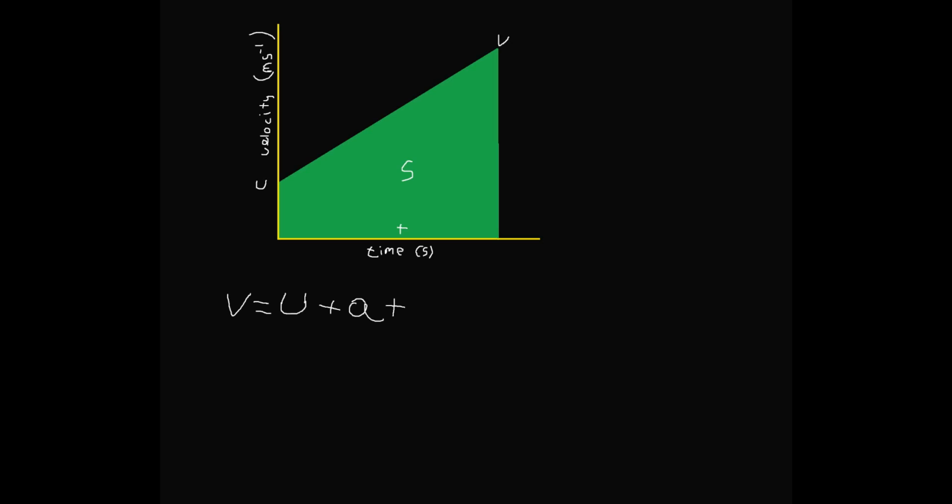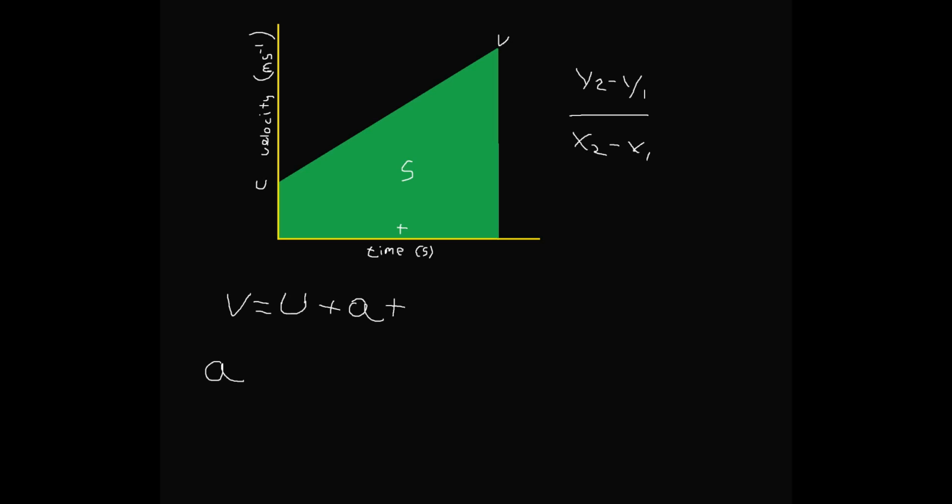To begin with, we're going to start with this equation here. V is equal to U plus AT. When we're deriving this one, essentially we're actually trying to solve for acceleration. To solve acceleration in this instance, you can just use change in y over change in x. So as you know, that is equal to y2 minus y1 over x2 minus x1.